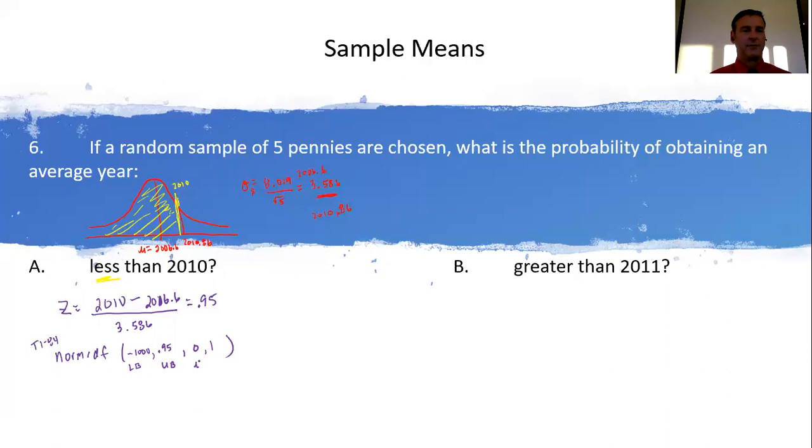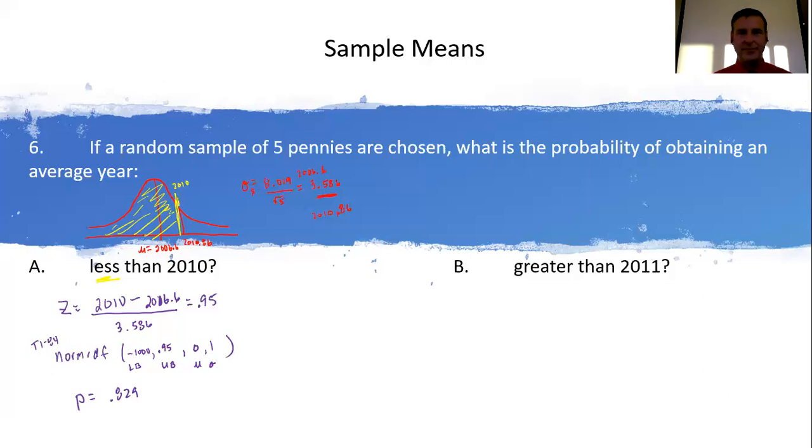If you look all that up, you end up with 0.829. So we have an 82.9% chance of obtaining a sample of 5 pennies where their average year is 2010 or less.